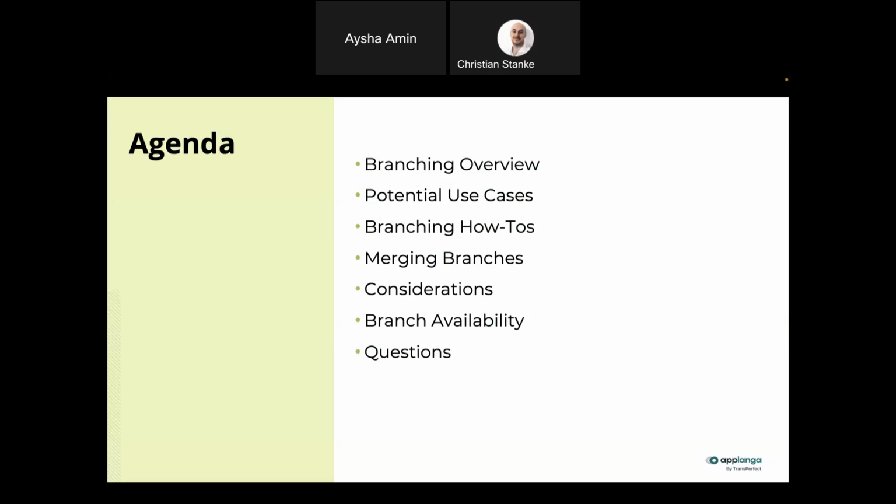We'll also cover merging branches and all that can entail, as well as some things to consider with your branched projects. Last but not least, we'll also go over branch availability based on your current Applanga license tier.